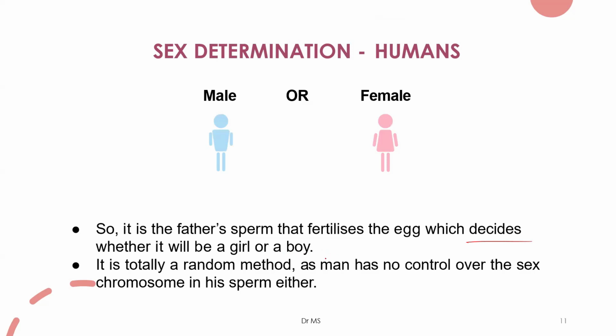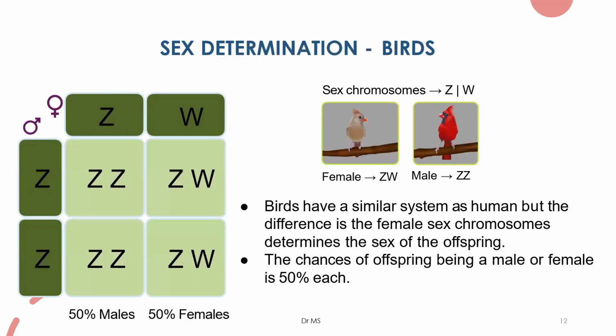It's a completely random process because the man has no control over this. He cannot tell his sperms whether X should go and meet the egg or Y should go and meet the egg. It completely happens naturally. So that's about sex determination in humans.